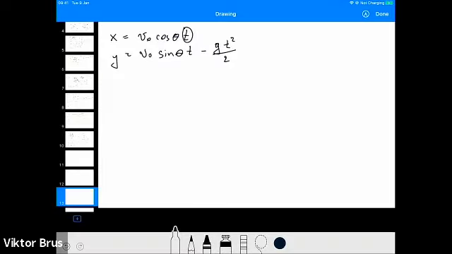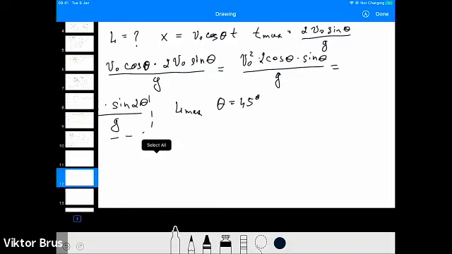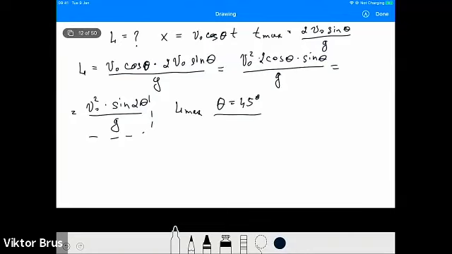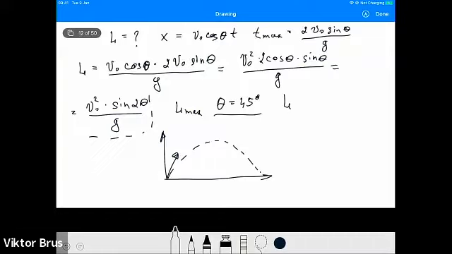But here we will get... Professor Bruce, can you show the previous slide? Yes, sure. Yeah, here. What does theta equals 45 degrees mean? Theta equal to 45 degrees means that this distance L which the object travels will be maximum for a given velocity v0.